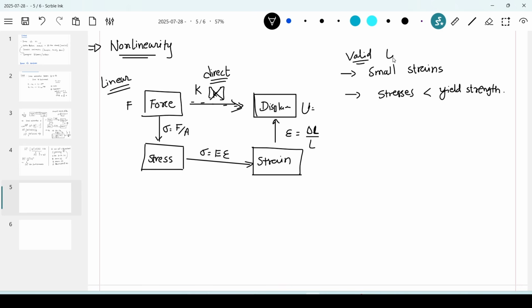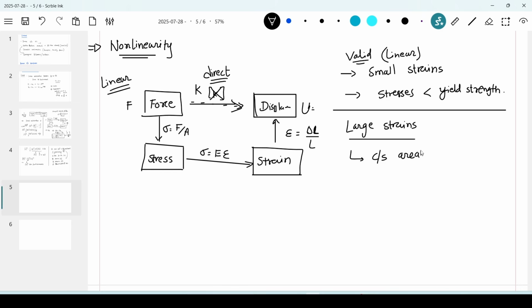Linear analysis. So why do we say these are valid for linear analysis? If there are large strains, what will happen? Obviously the cross section area will decrease significantly, right? For example, I have this bar structure.